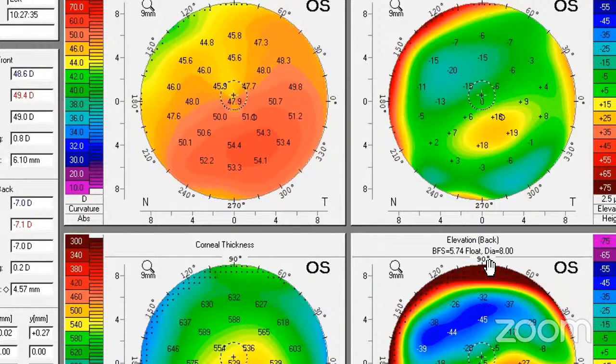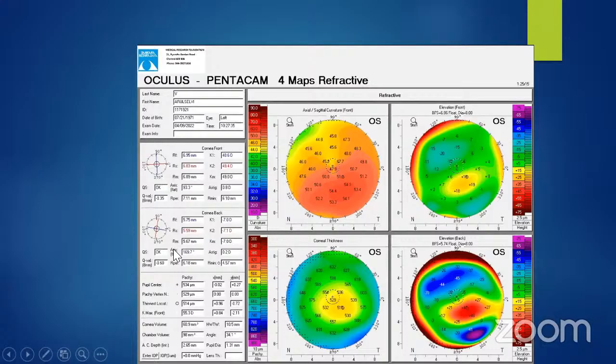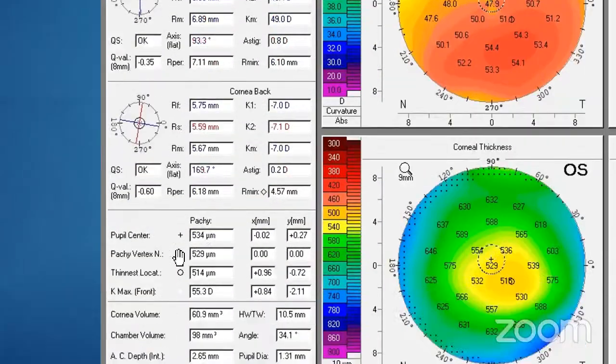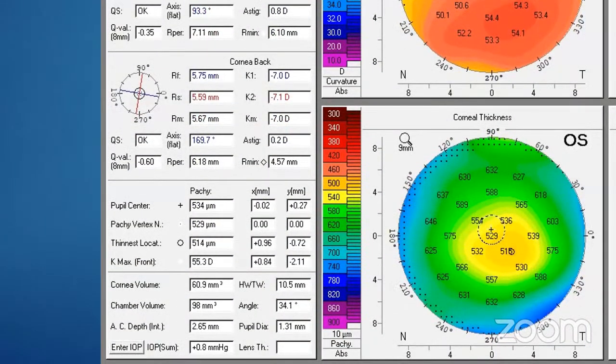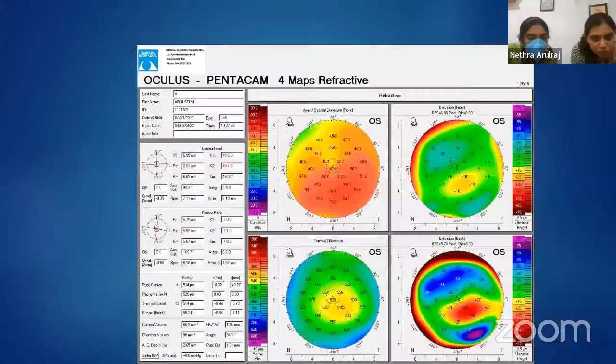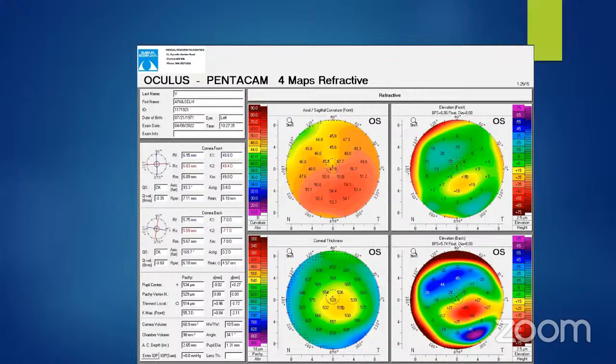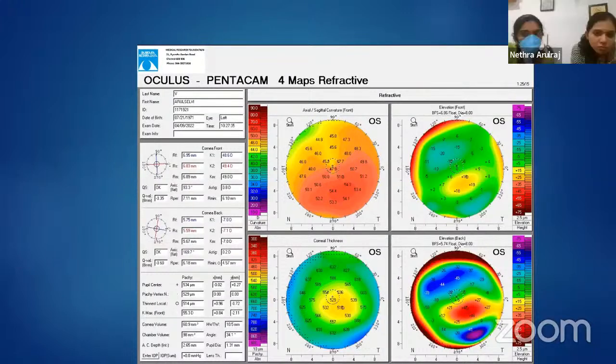OS values also: 48, 49 are K1, K2. K max 55. Thinnest local is 514 here. So should we cross-link? It can progress. Left eye we can, ma'am.